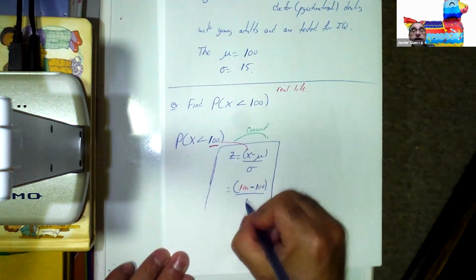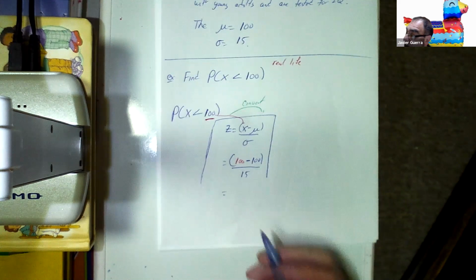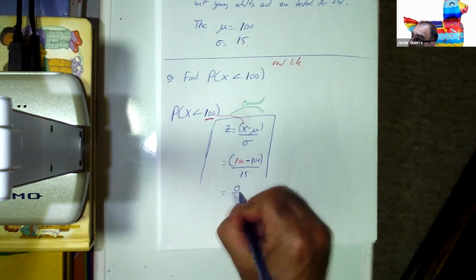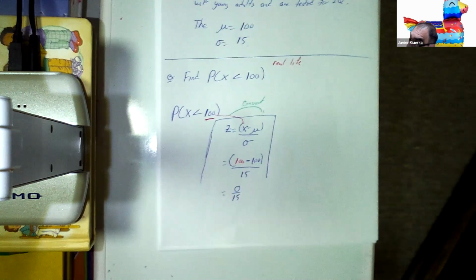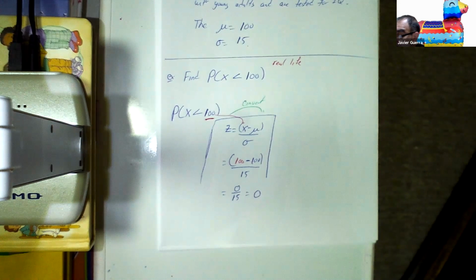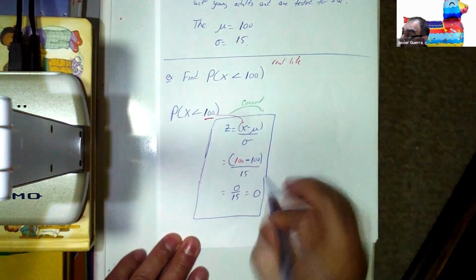Okay, and then you're gonna calculate it in your calculator. So 100 minus 100, that is 0. Divided by 15, you get 0. Well, you can round it off to 2 places behind the decimal, so we're gonna leave that as 0.